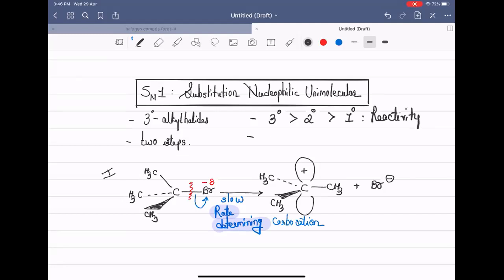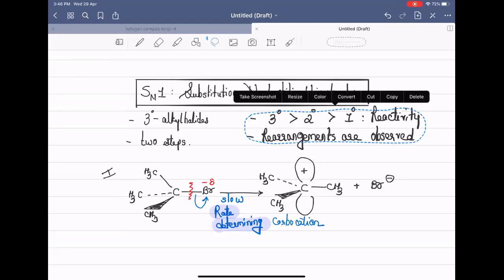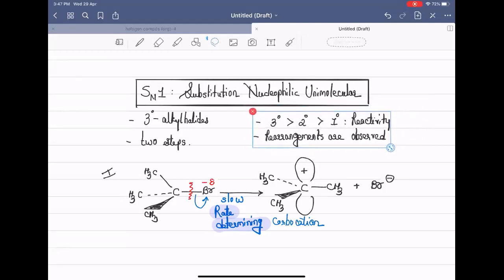You also have to know that rearrangements are observed as and when possible. The order of reactivity goes from tertiary alkyl halides to greater than secondary, greater than primary.